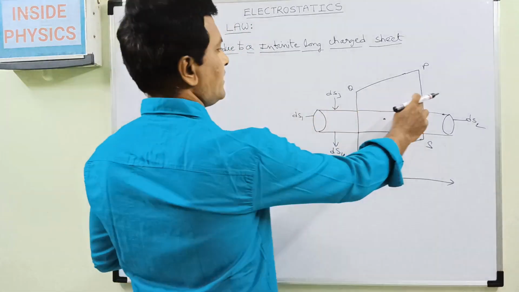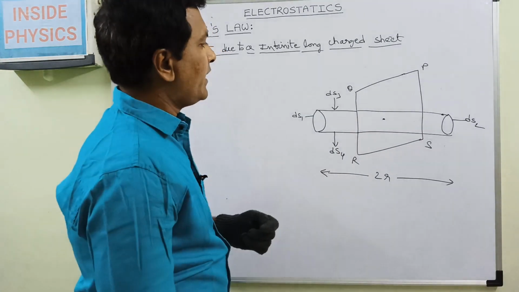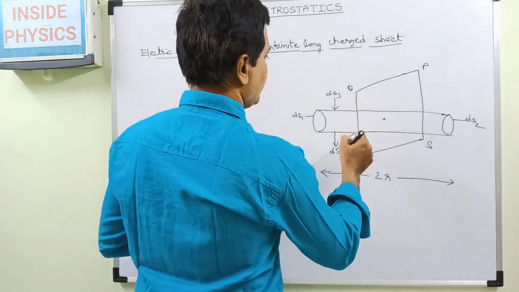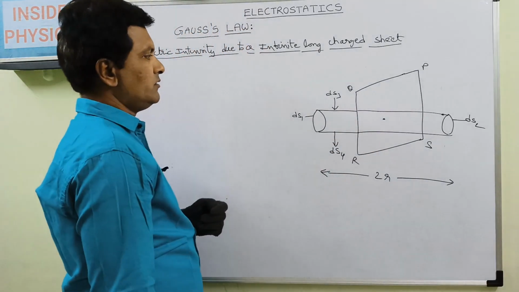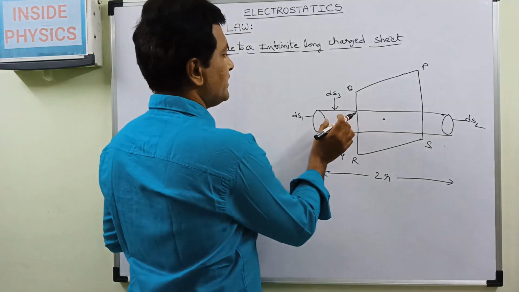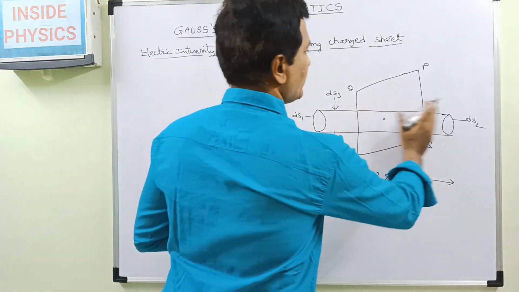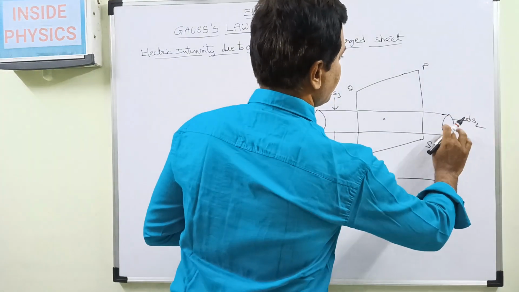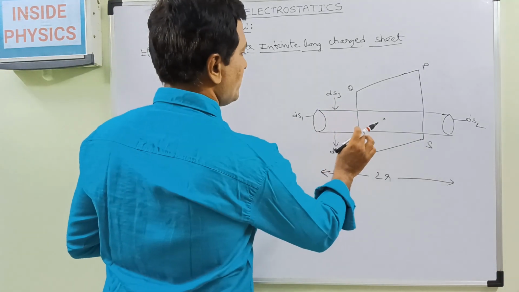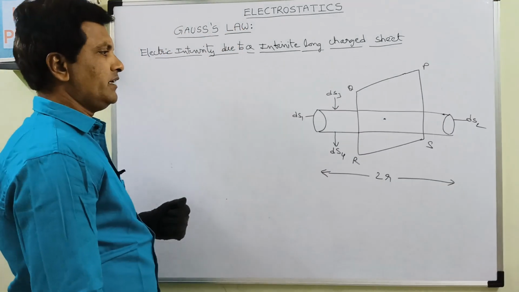If you imagine this is a Gaussian surface, here also the electric flux coming through the surfaces ds3 and ds4 will be 0, because if we consider a small surface area here, it will be perpendicular to the electric field, and this is also perpendicular to the electric field.